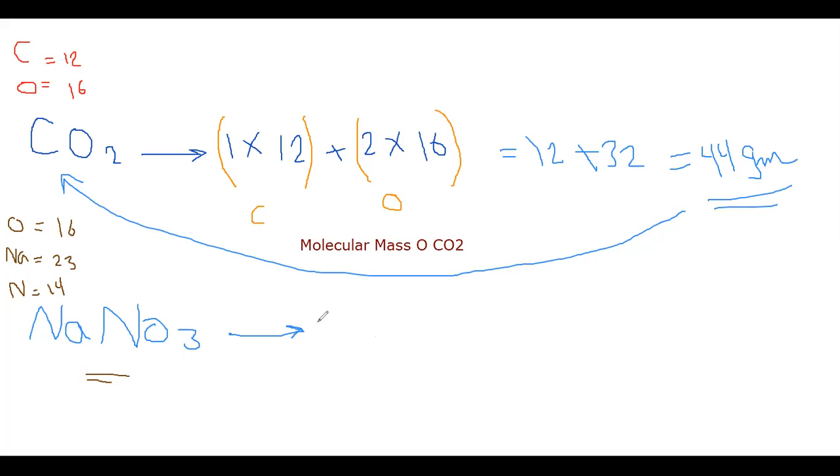So Na 23 plus nitrogen 14 plus O3, 3 times 16.